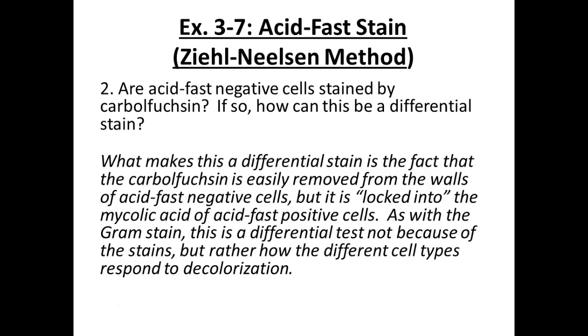But then we're going to decolorize them. So gram negatives will decolorize, the gram positives will stay, the acid-fast ones will stay stained. They will not decolorize. The non-acid-fast will, so therefore we have to counter-stain them.